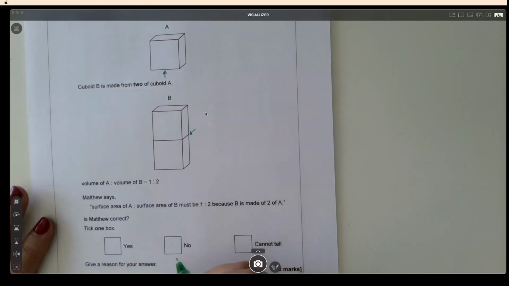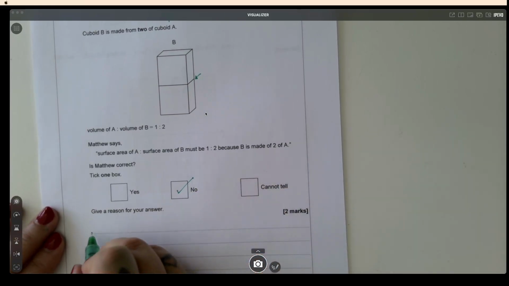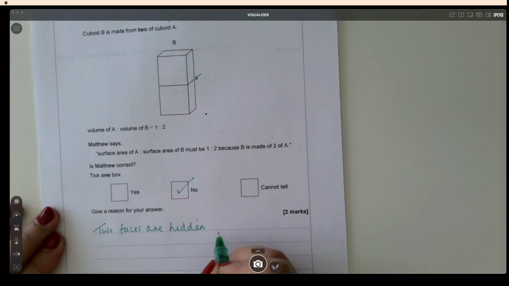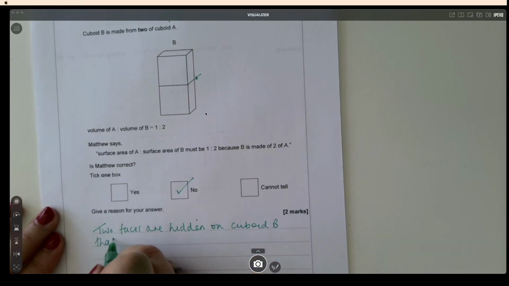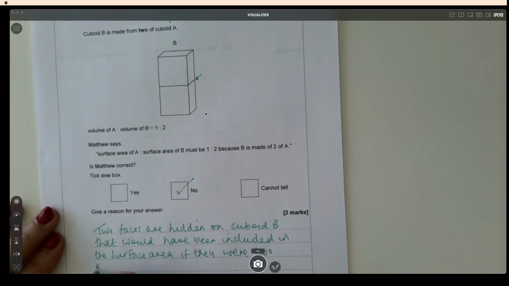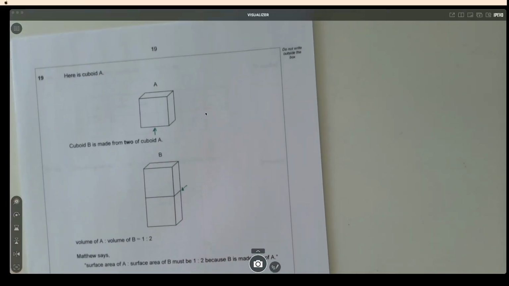So I'm going to say no. And I'm simply going to say 2 faces are hidden on cuboid B that would have been included in the surface area if they were 2 separate cuboid A's.